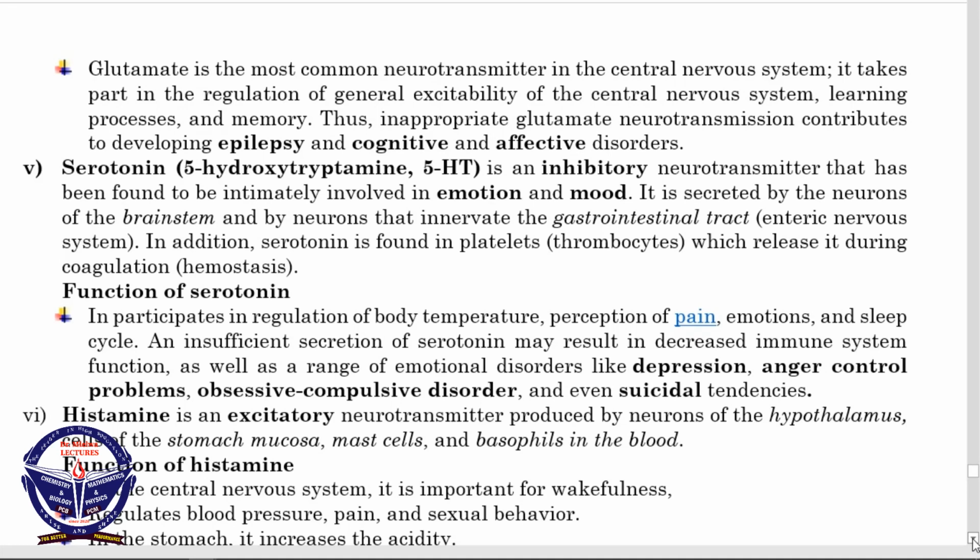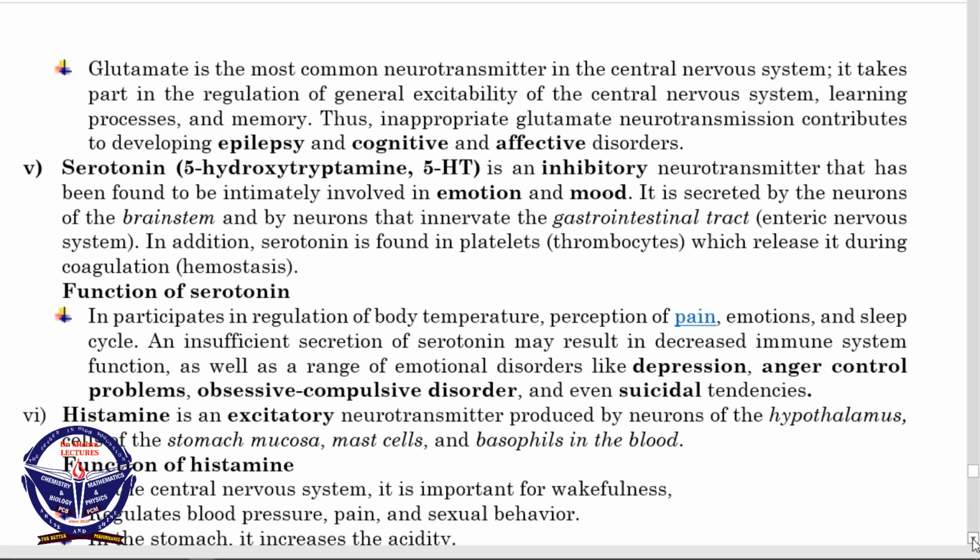Then we have serotonin, that is 5-hydroxytryptamine or 5-HT. It is an inhibitory neurotransmitter that has been found in the brain, intimately involved in emotion and mood. Kwa most of the neurotransmitters ambazo zinakuwa involved kwenye emotion na mood ni nani?